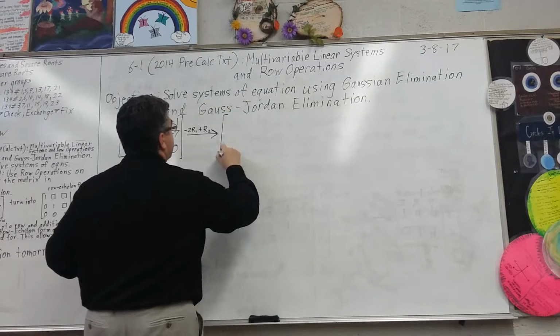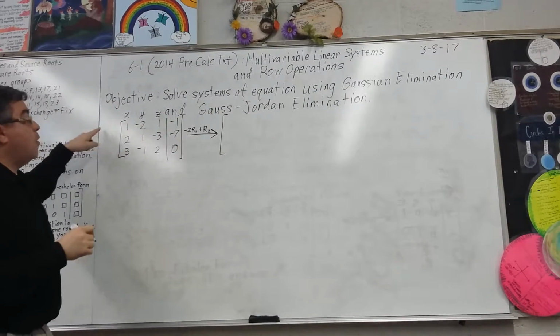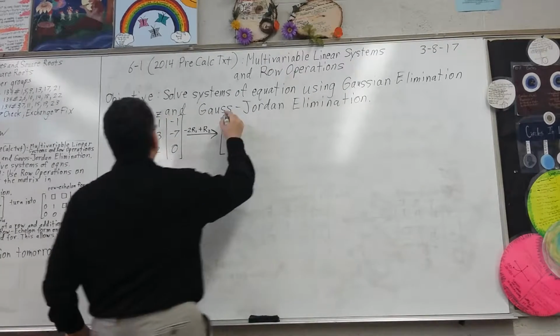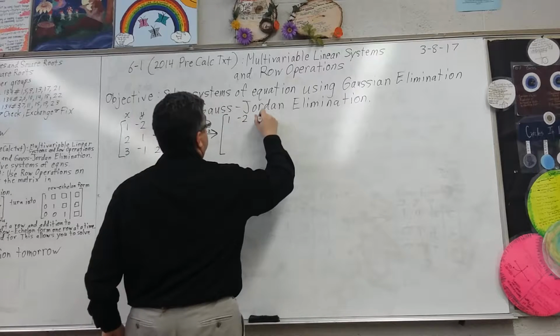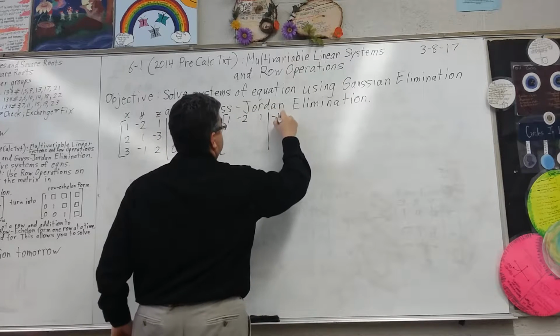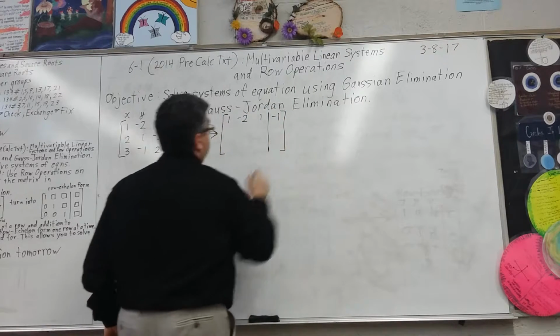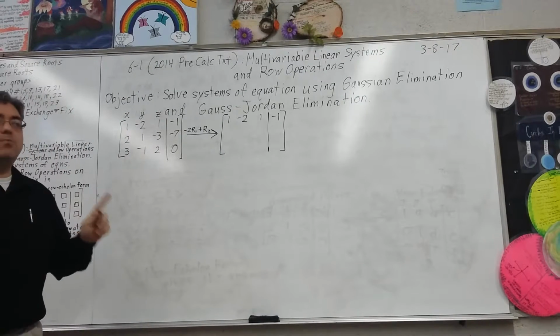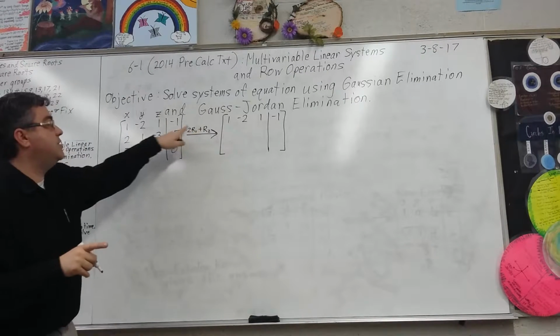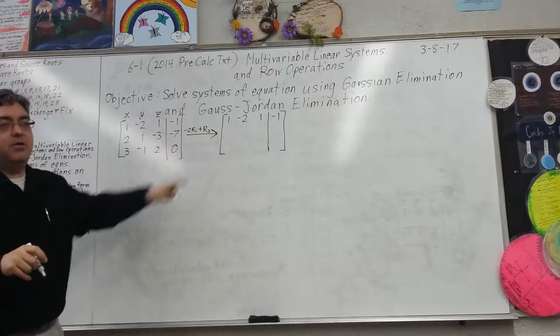So, the next one, the first row is the way I want it. So I'm just going to copy the first row, because that's already done. The second row I want to change, and I want to change it using this right here.